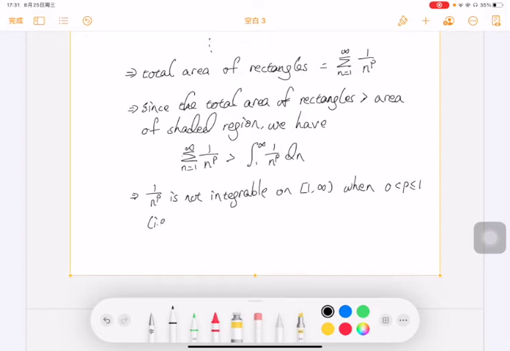Not integrable means the integral of 1 over n to the p from 1 to infinity is infinity.